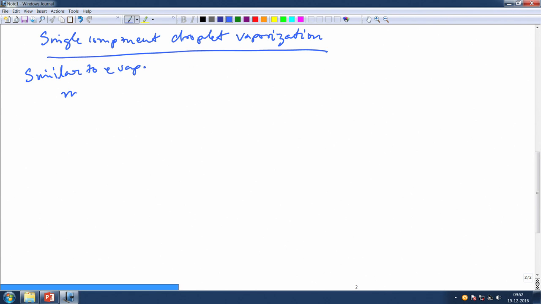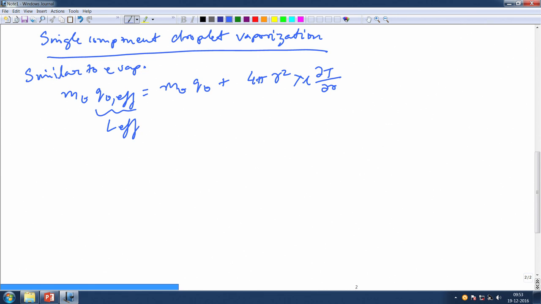Here, what is given as mv qv effective, this is like your L effective in Schiriniano's notation, is mv into qv plus 4 pi r square lambda L dt by dr at Rs, minus, because it is in the liquid phase.